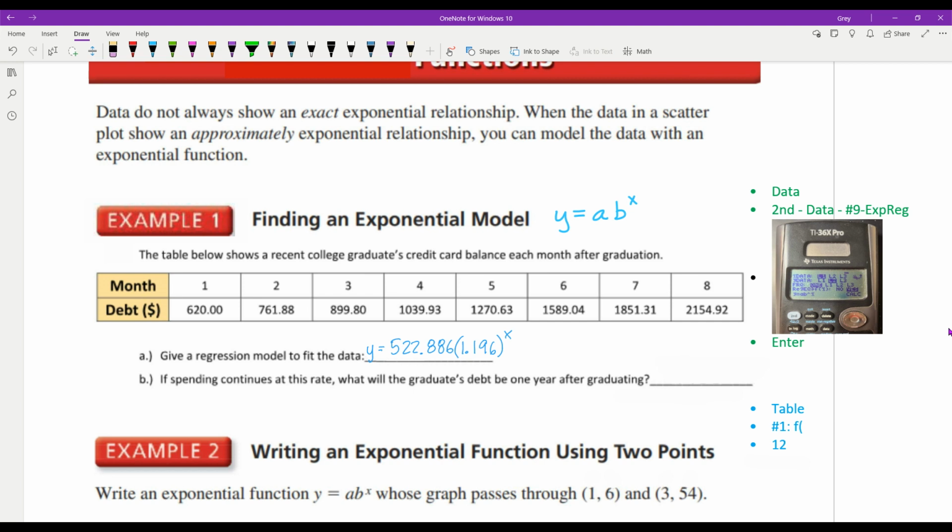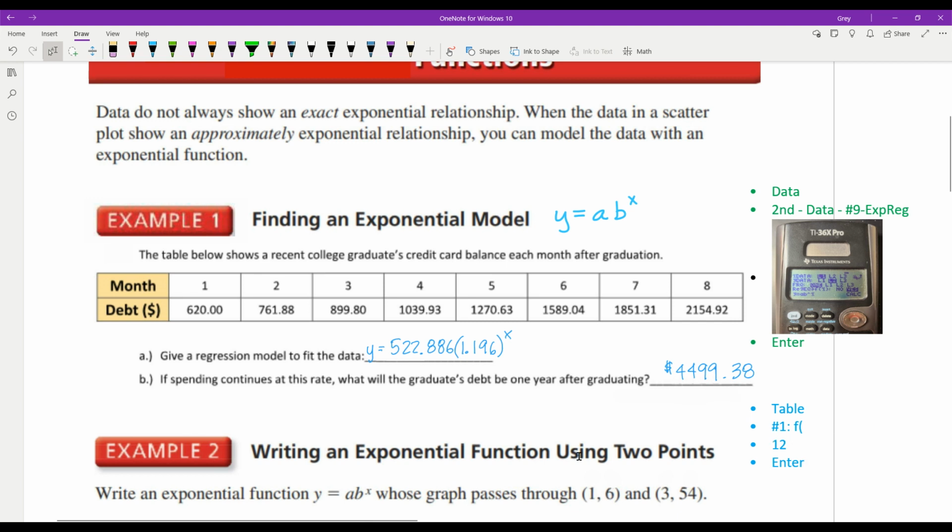You can close parentheses if you want to, but then if you push enter, you will get the answer to the problem, which is $4,499.38. So obviously you can go back in and just plug in 12, which I think in Delta Math is usually what they want you to do. But if you're not, then I'm just telling you that's an easy way to do the problem.